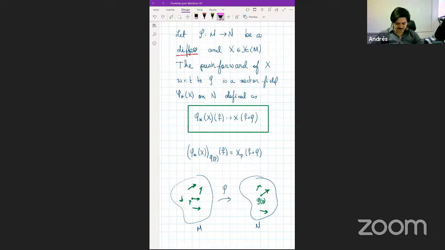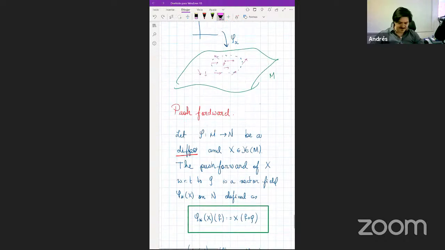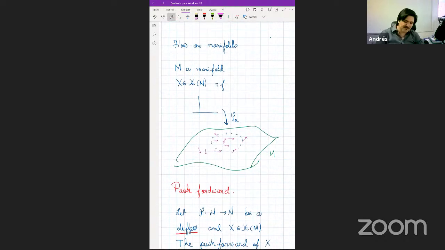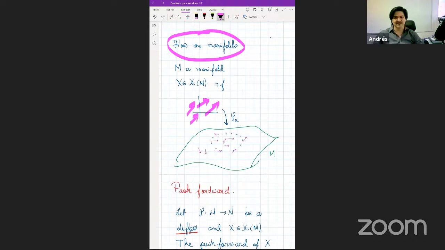Okay, now that's how we are going to define a flow on a manifold. I have a vector field on M. I pick a chart. I have a vector field on U. Using the chart map, I'm going to push forward that vector to have a vector field here.